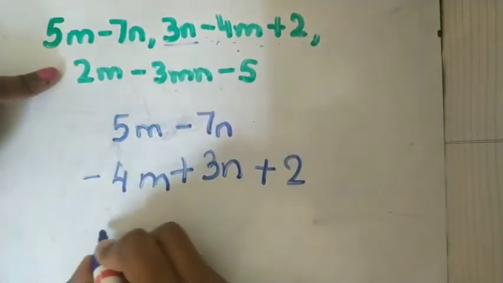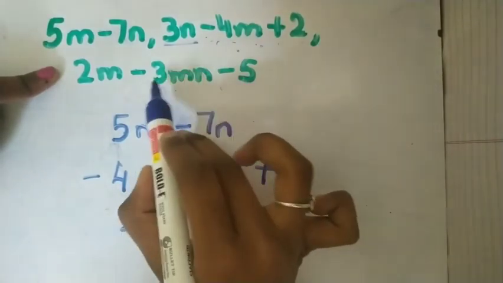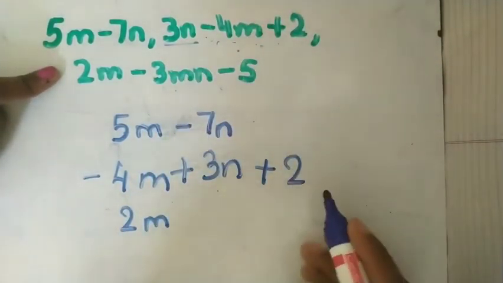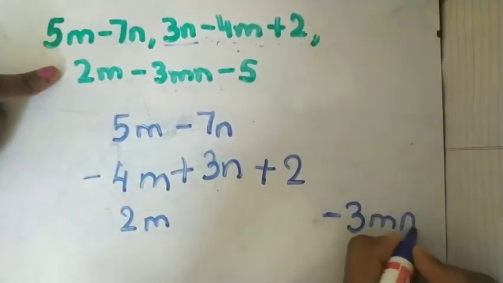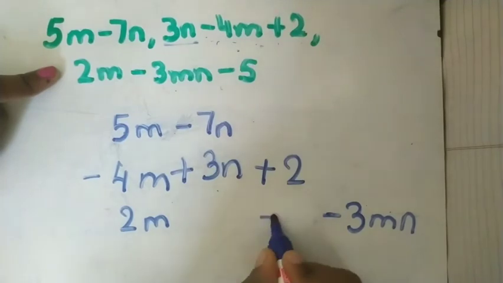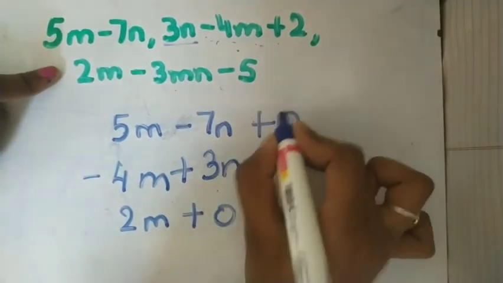And next 2m minus 3mn, so 3mn is not here, so let's write minus 3mn, and here minus 5, here nothing is there, so 0, here also 0.